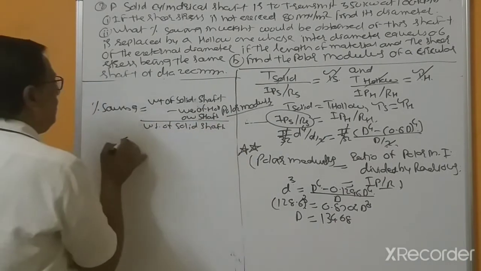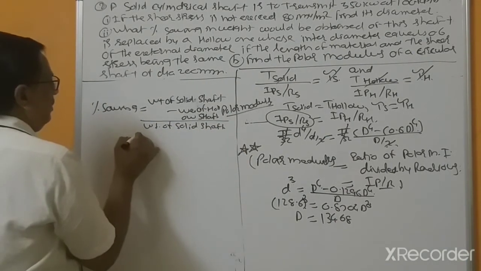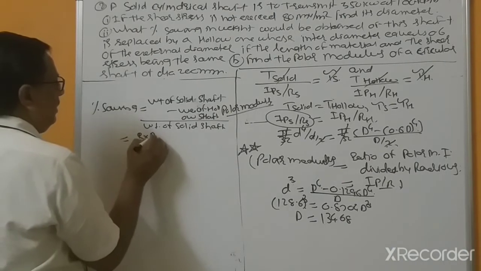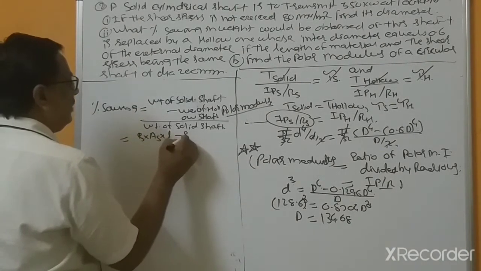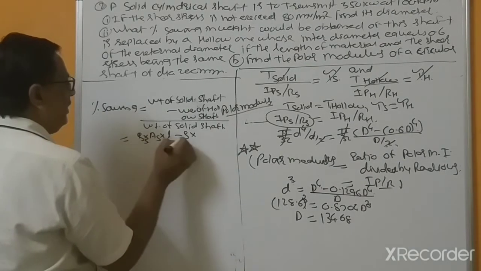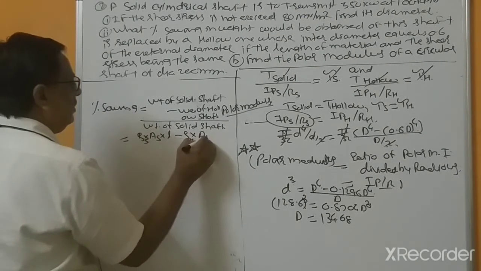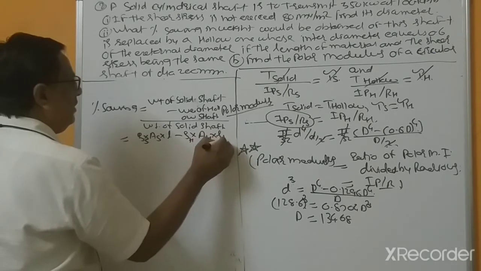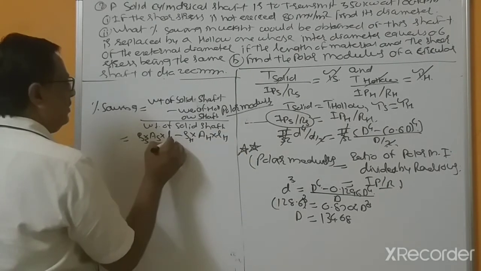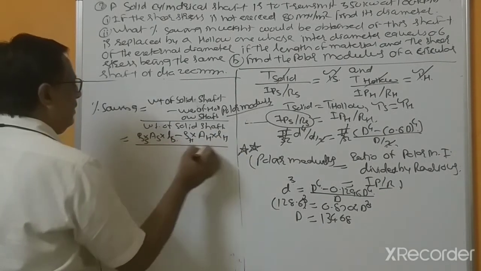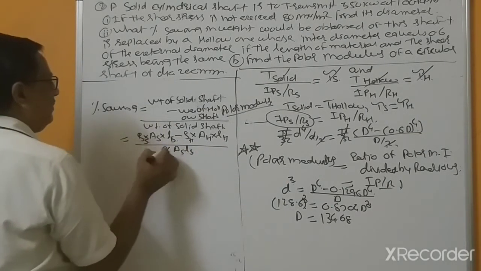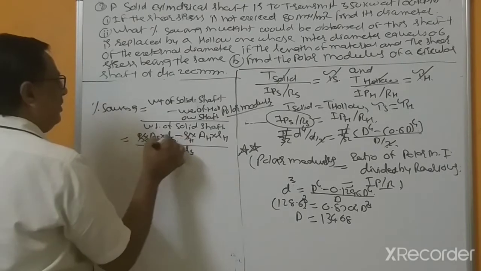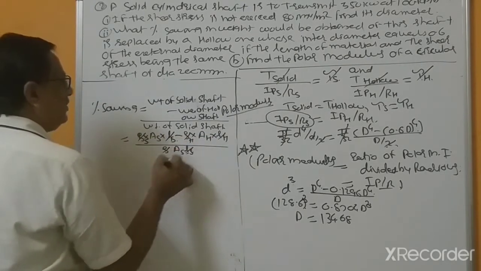This equals density multiplied by area of solid multiplied by length, and the same for hollow. This will get cancelled because density and length are the same.